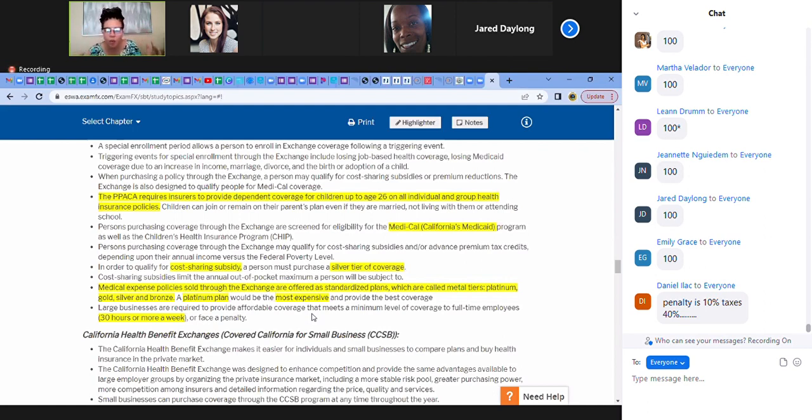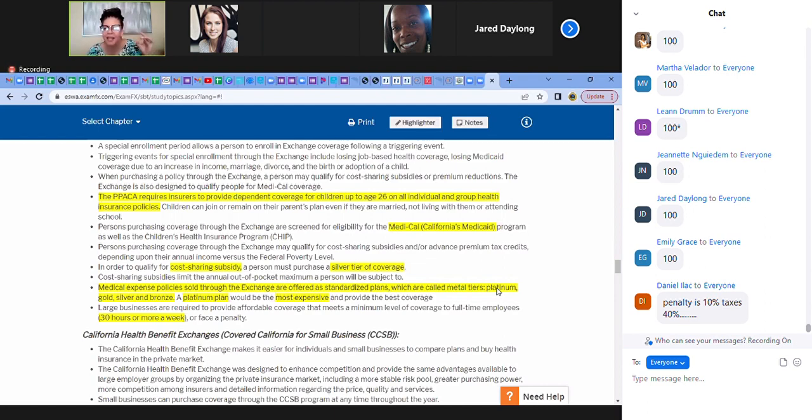Here is the coinsurance for the tech. If you're in a platinum plan, the coinsurance is 90-10. Insurance company pays 90%, you pay 10%. That's why it's the most expensive plan, and it has no deductible.